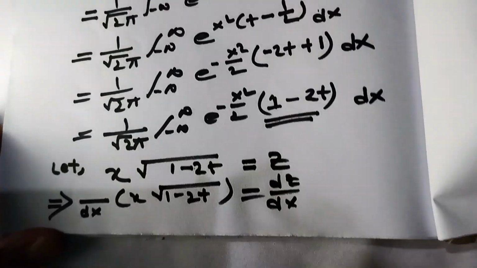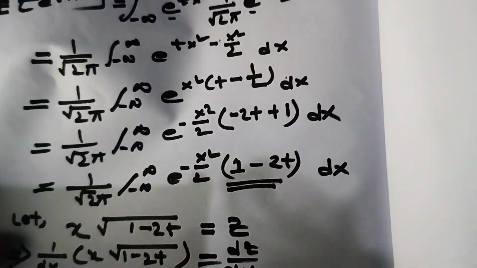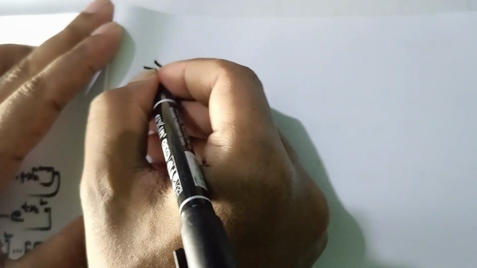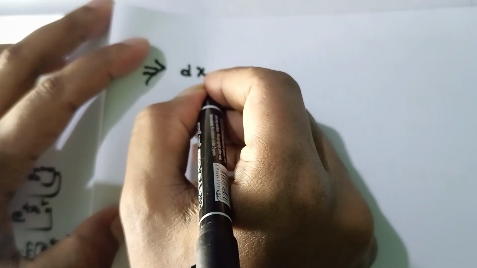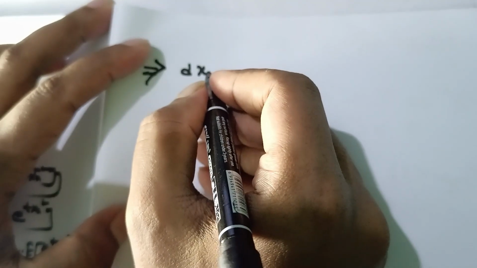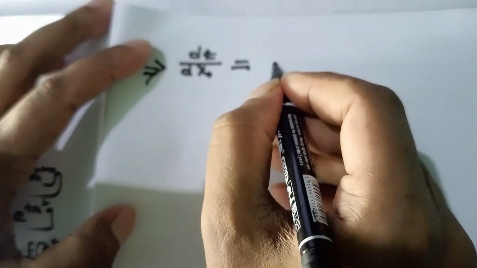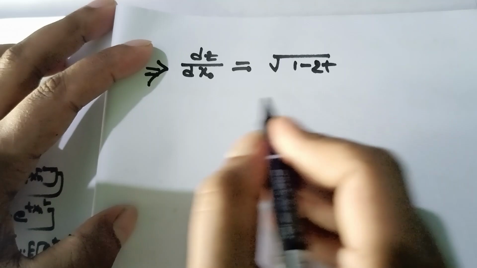So there will be 1, and if you differentiate that, dz over dx is equal to root over 1 minus 2t.